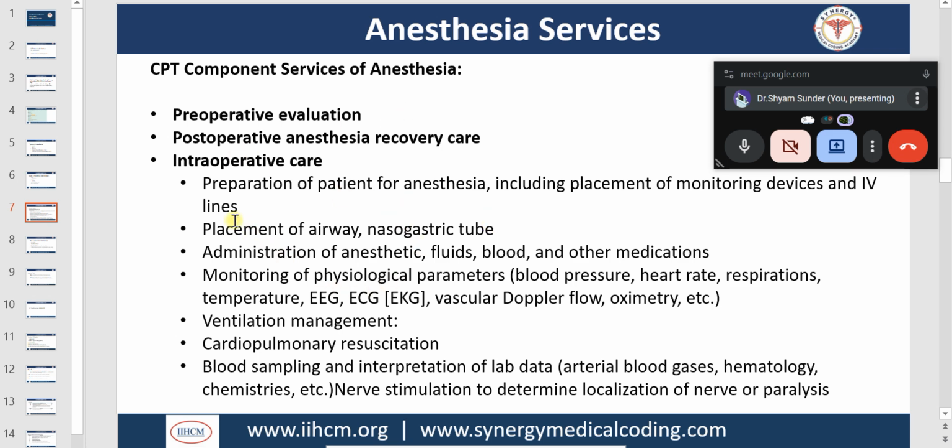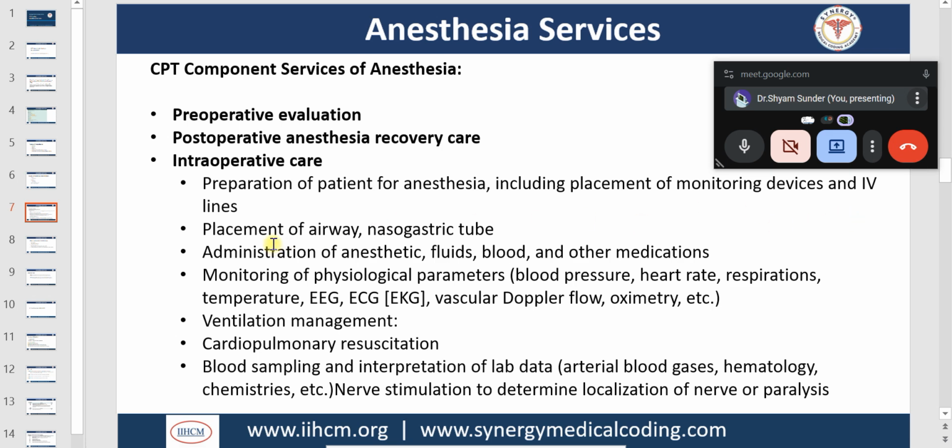So, intraoperative care. During the surgery, the anesthesiologist has to do a lot of things in the theater. Sometimes it's a single anesthesiologist. He will run from here to there. That's how it goes. The anesthesiologist has to prepare the patient, start the IV line.